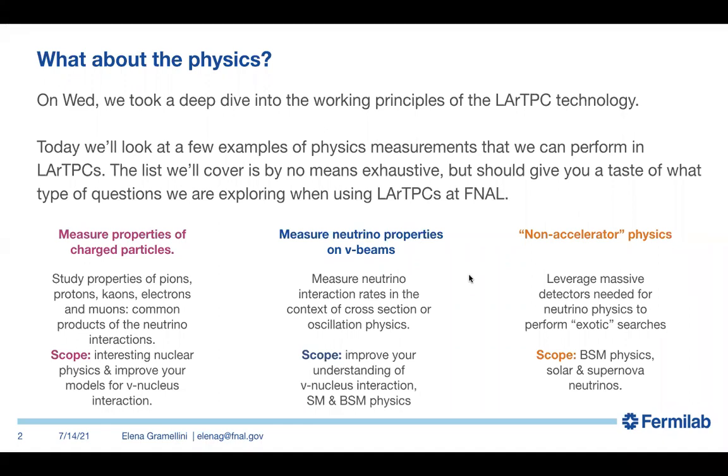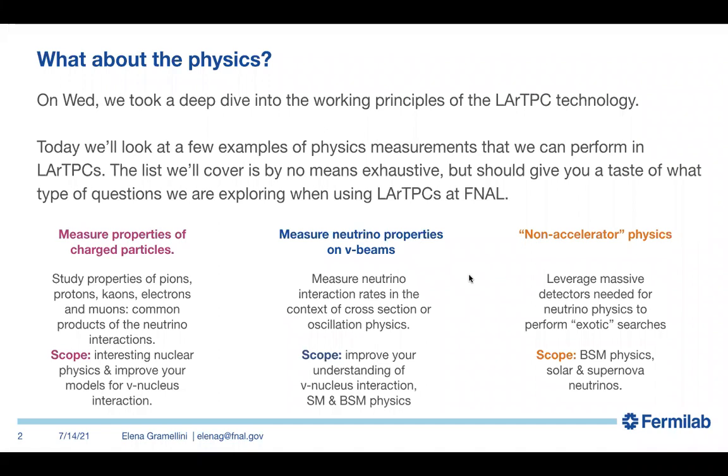When you're doing neutrino cross-section, you're improving your understanding of the neutrino nucleus interaction, and you're doing standard model and beyond. And when you're doing oscillation, you're doing beyond standard model physics. We always say that neutrino oscillations are the first lab-based evidence of physics beyond the standard model. In particular, in order to do CP violation and long baseline searches, you need to build these massive detectors underground.